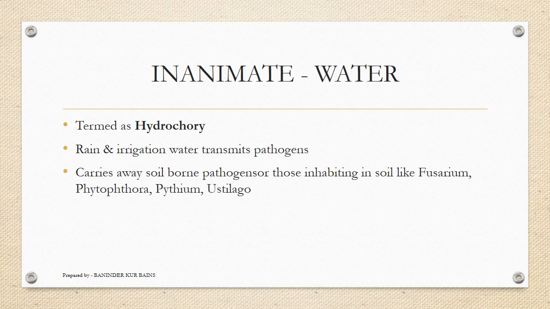The transmission by water is called as hydrochory. Water carries away soil-borne pathogens when the field is being irrigated, or the pathogens which inhabit the soil, for example Fusarium, which causes wilt, and Phytophthora, Pythium, Ustilago. They get transmitted through water from one place to another place through irrigation water or by heavy rains.